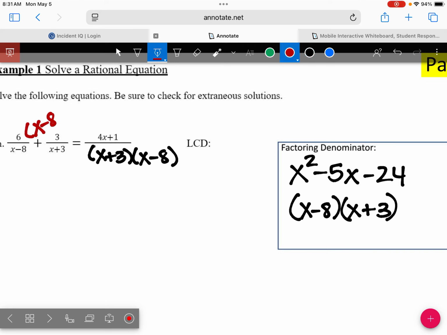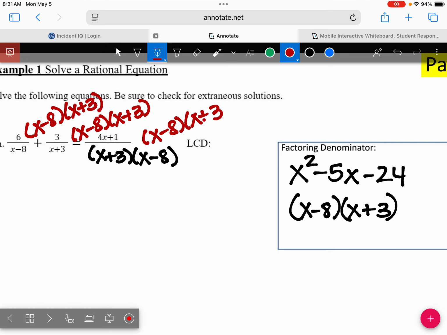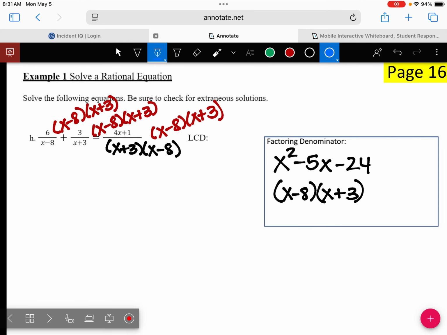Multiply every fraction. So for the first fraction, x minus 8 goes away. I have 6 times x plus 3.